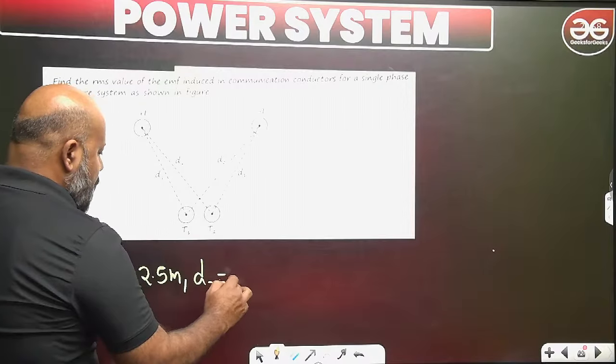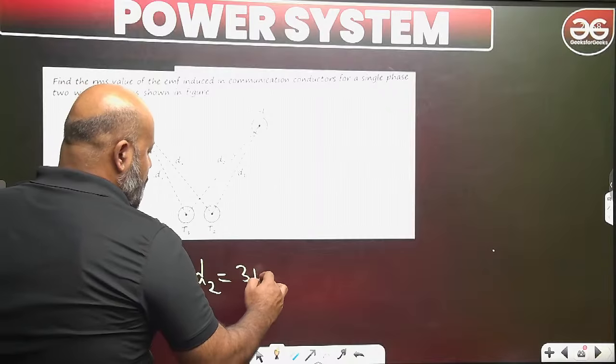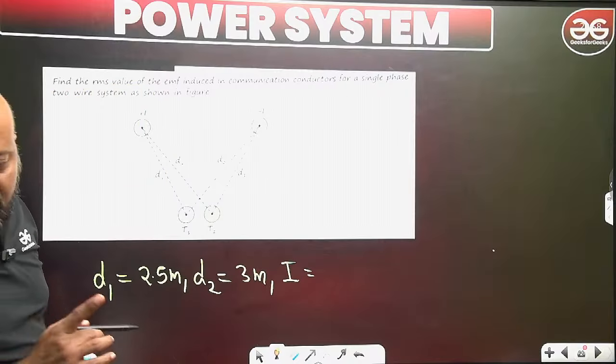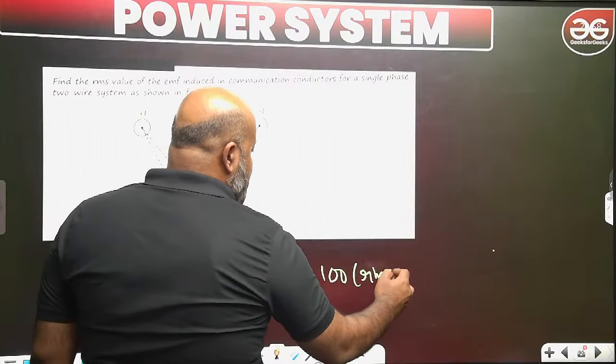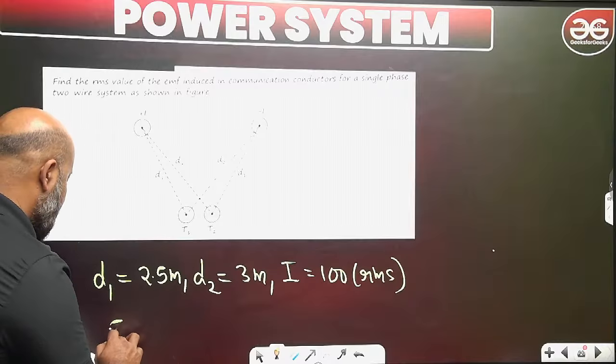D2 is 3 meters. Current is, and it is the RMS value, given 100 amperes. And the frequency is 50 hertz.